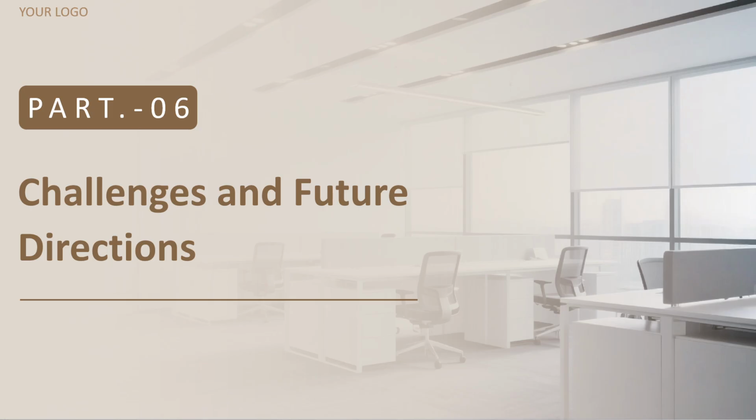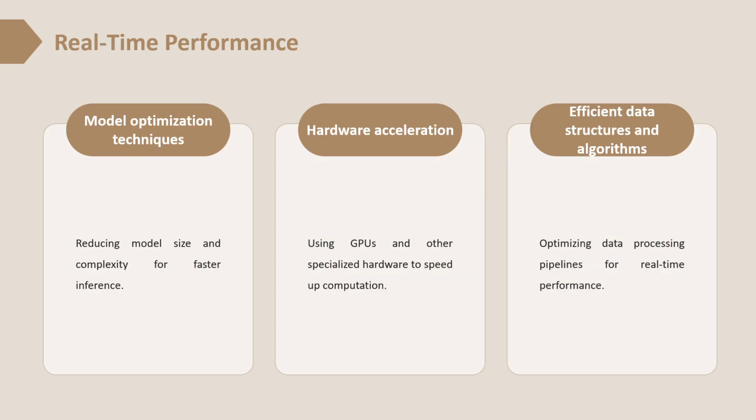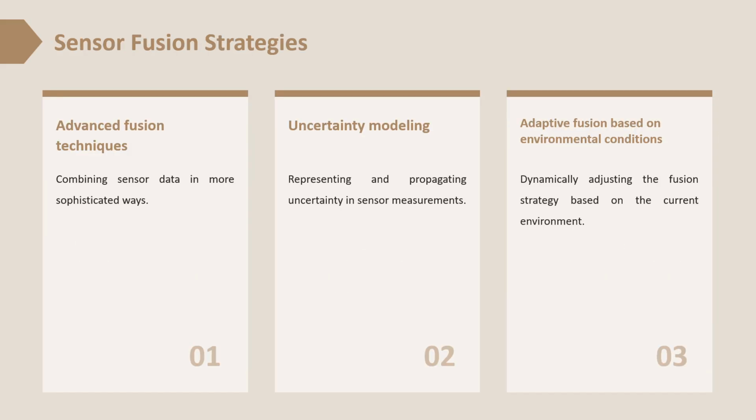What are the challenges we have, and what are the future directions? Data sparsity and occlusion are the major challenges. For improving real-time performance, we can use optimization techniques, hardware acceleration, and efficient data structures and algorithms, which can also be used for optimizing the data processing pipelines.